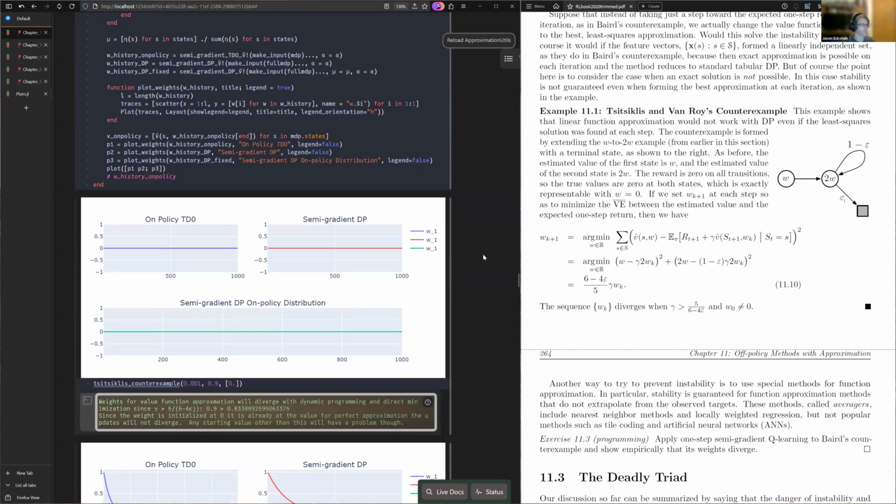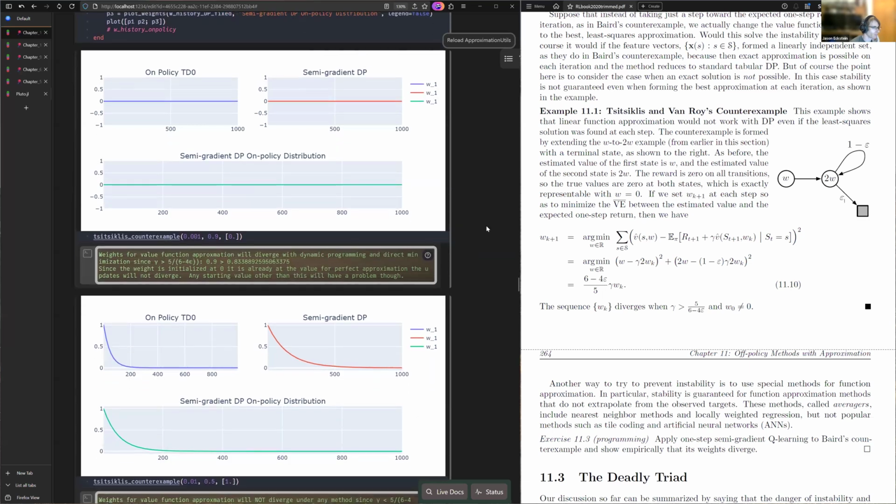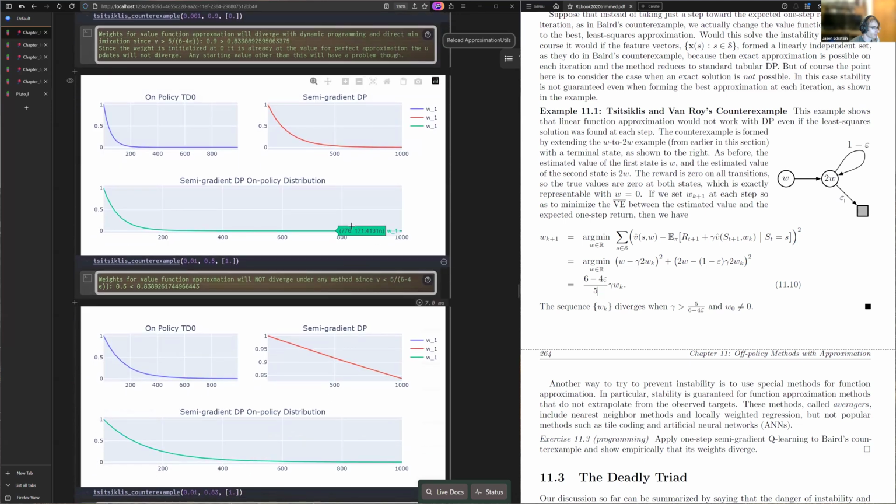Oh yeah, and I had done this earlier, but there are some graphs showing that if you initialize the weights at 0, then you never have a problem. I already showed it analytically, but this is showing it practically.